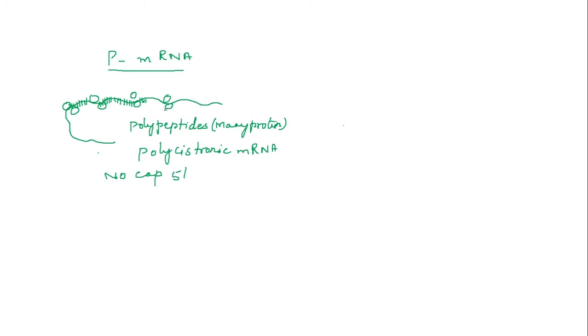This is the reason for synthesis of multiple or several polypeptides. If the ribosomes have a specific position of binding, then protein synthesis will start only from that place. But because the ribosomes are bound randomly along the length of the RNA, many proteins can be synthesized.